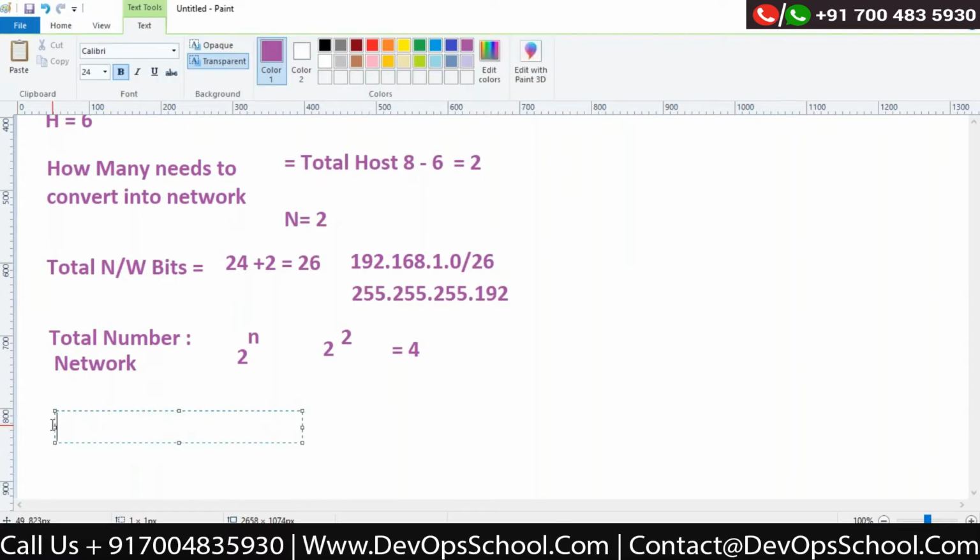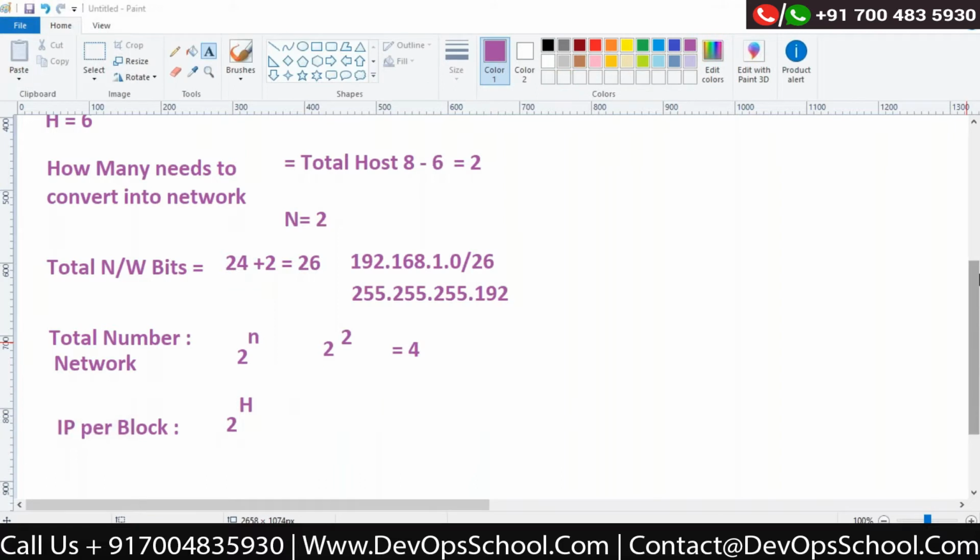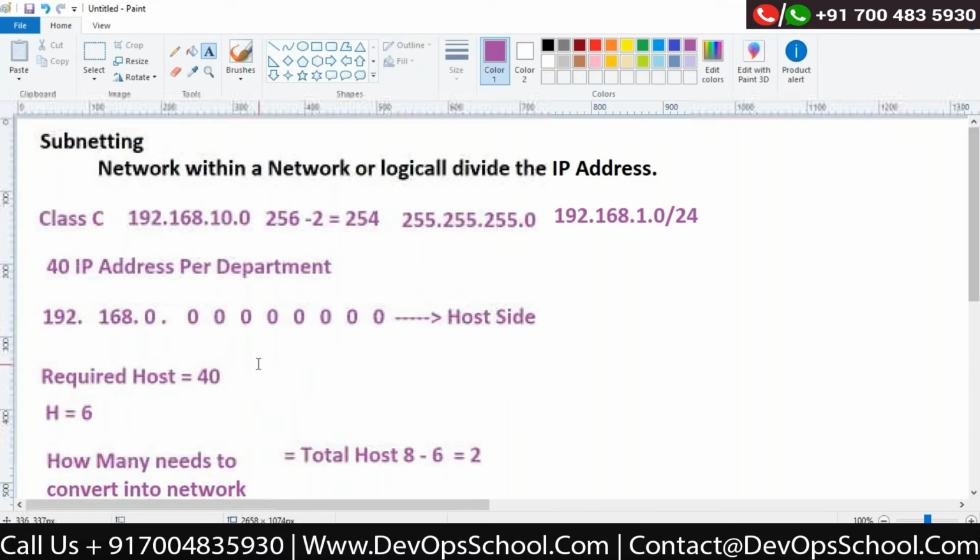Now how many IP addresses are you getting in each of these 4 chunks? The chunk means IP per block, meaning IP per network, and the formula is 2 raised to our H value, correct. Where is my H value? We found it over here. This is my H value.